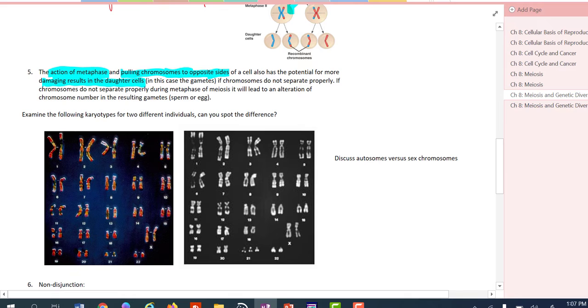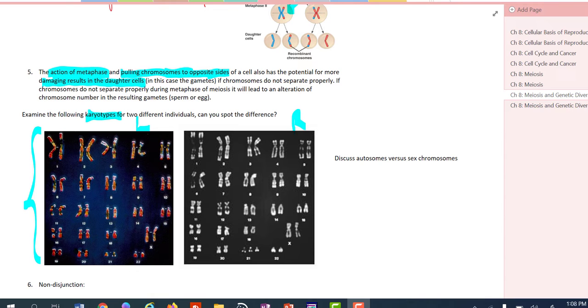So today we were talking about karyotypes and how we can look at an image of an individual's chromosomes. These are karyotypes. I want you to pause the video and see if you can find the difference between the karyotype on the left here versus the karyotype on the right.